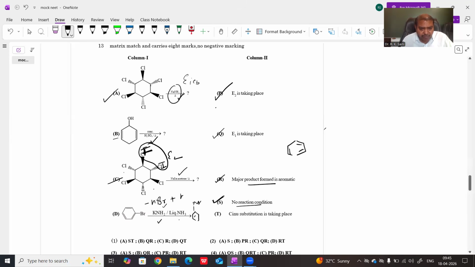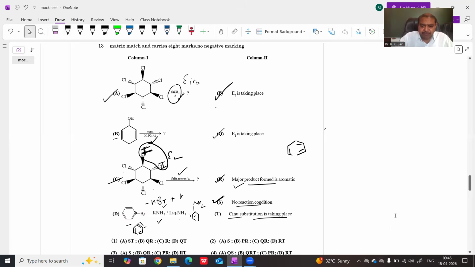The intermediate is benzyne, and the nucleophile, ammonia, can attack at the carbon which contains the leaving group or the adjacent one, and such a reaction is known as cine substitution. The major product is also aromatic. Therefore, for compound D, aromatic product and cine substitution.